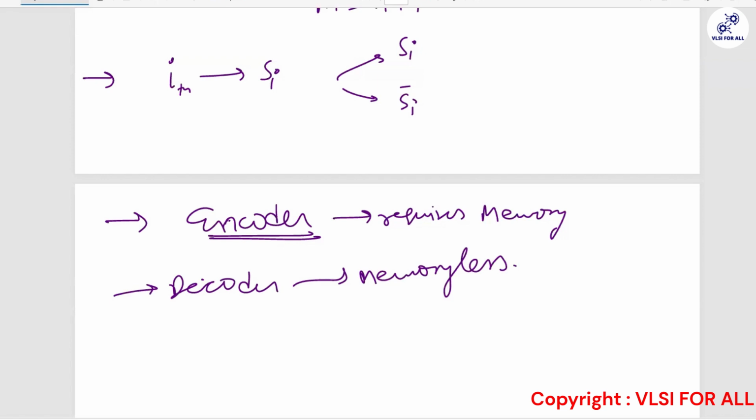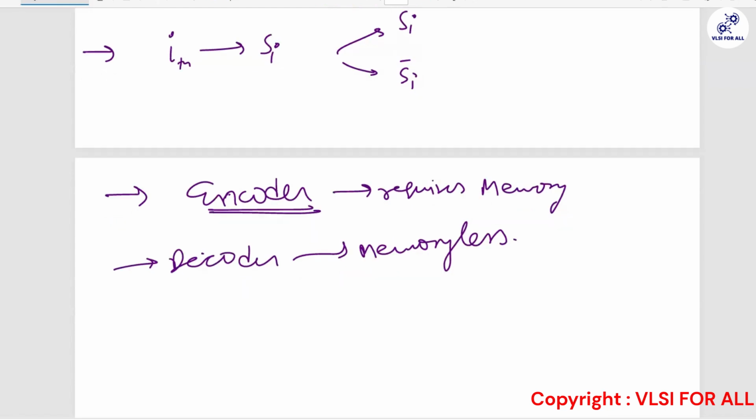So how do we do that? Let's say we have n bits. The previous bit is Si minus 1. We will check the Hamming distance between Si minus 1 and Si.